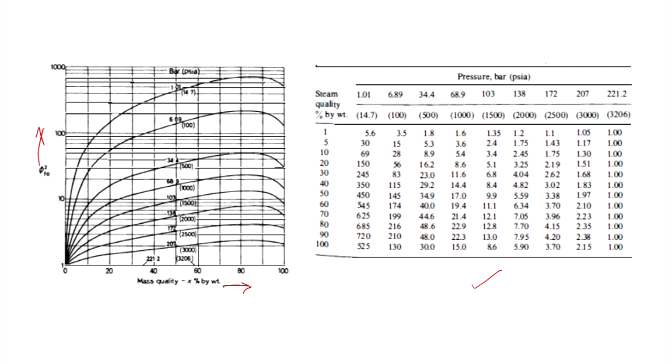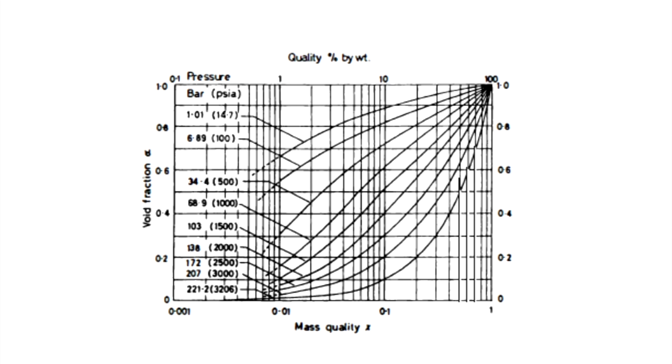Now, for delta Pz we need alpha, the void fraction, and that we can find from this graph. For any given pressure and given quality, we can find alpha from this graph, and then we can find delta Pz.